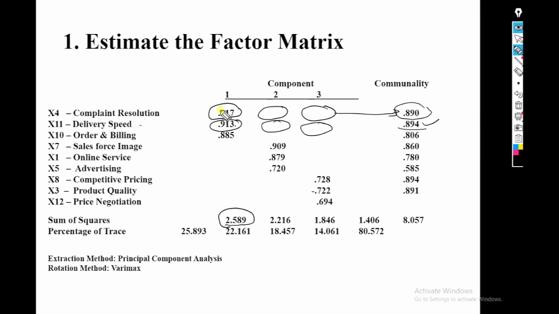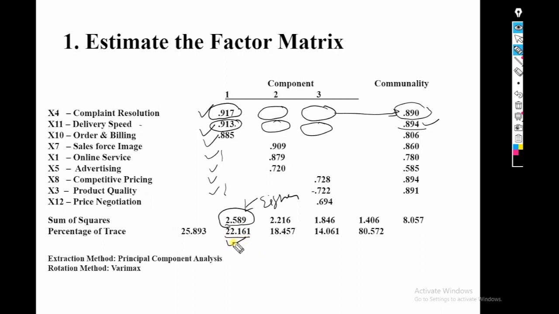Now, 2.589: when we square the factor loadings vertically, the square of this plus this plus this, and other factor loadings I did not mention here, and sum the squares of all the factor loadings vertically, we obtain the value 2.589. Similarly we can obtain the others; these are the eigenvalues. The percentage of variance: when we divide this 2.589 by the number of variables, we obtain the variance.